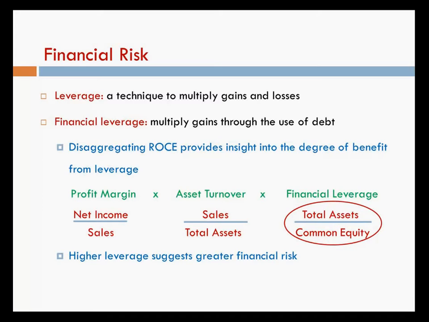The higher your leverage, the higher this number, which is going to be greater than 1, the greater risk you have. There's been lots of analysis on this, and debt is not a bad thing. Debt is a good thing up until something called the tipping point, where your debt level is so high that you run the risk of bankruptcy. That is the challenge in leverage: leverage yourself only up to the point where it's valuable and not past that point.